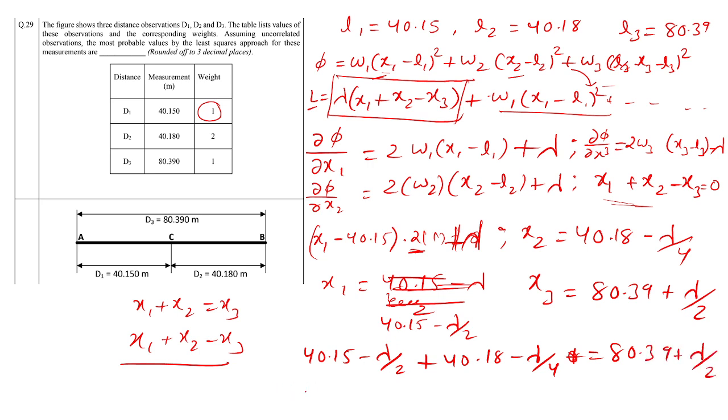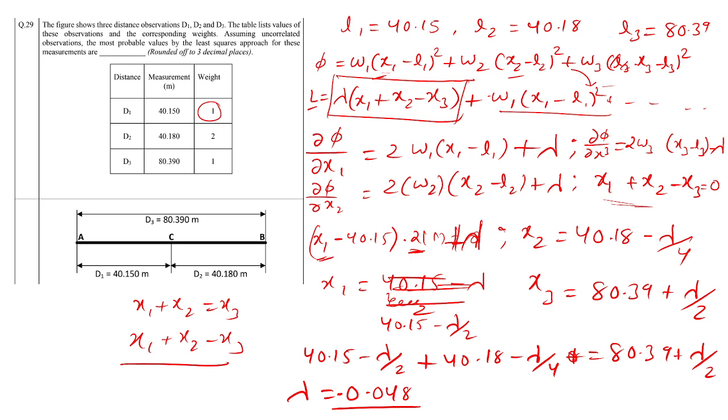When we solve this equation, we'll get the lambda value, which I will do on the calculator, equal to minus 0.048. Now we have to put this in the equation and we will get the x1 value.